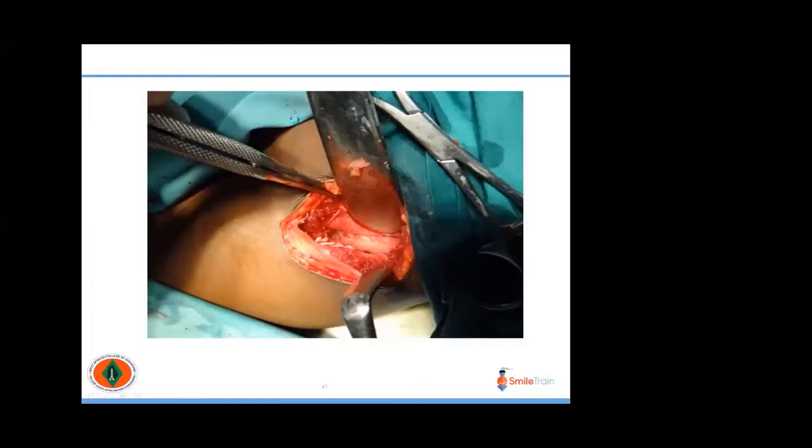The floor of the nose. So bone will not be able to grow.